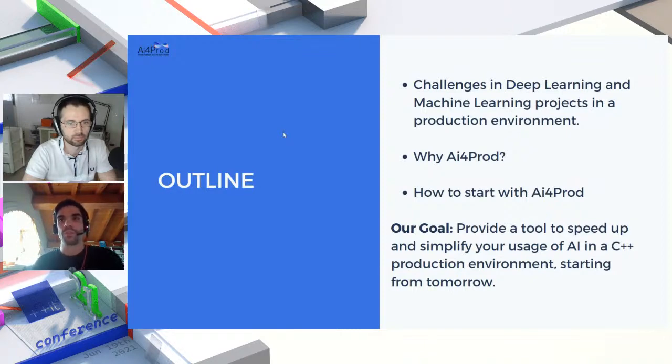To be clear, we would also like to underline our goal, why we have developed it and why we are trying to build this kind of ecosystem. The main idea is to provide a tool that speeds up and simplifies your usage of artificial intelligence in a C++ production environment, starting from tomorrow.